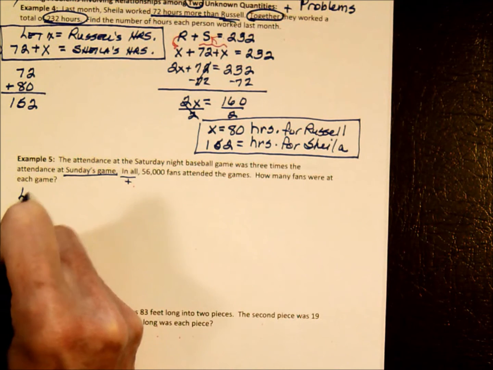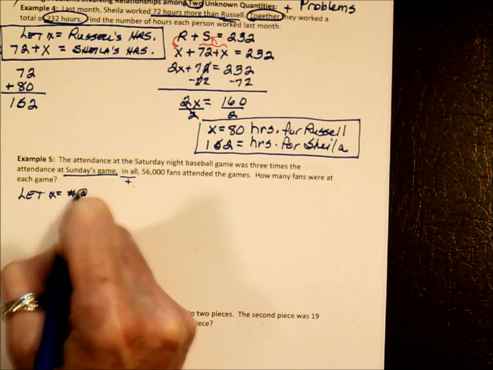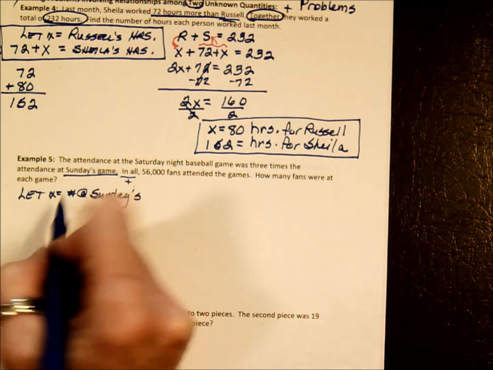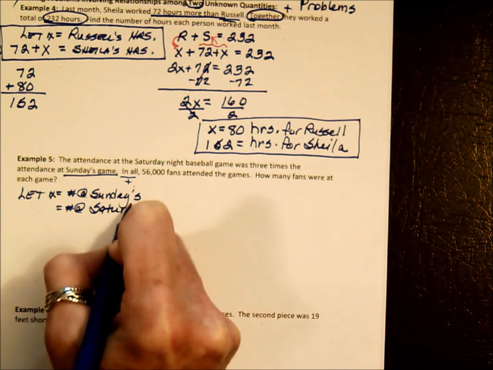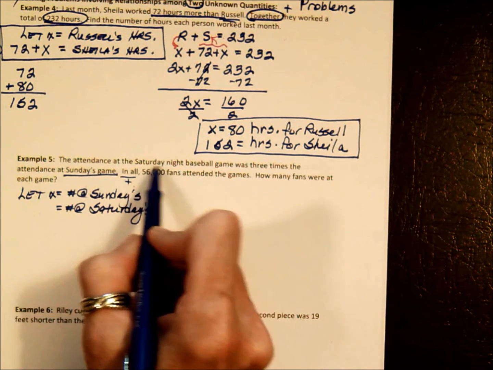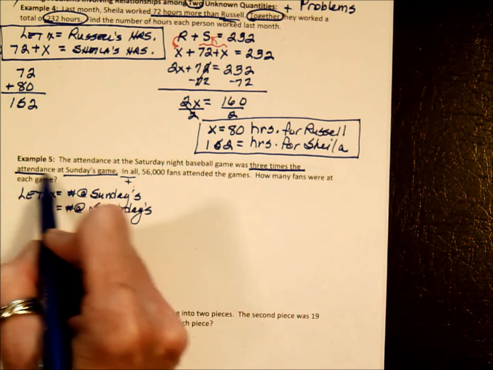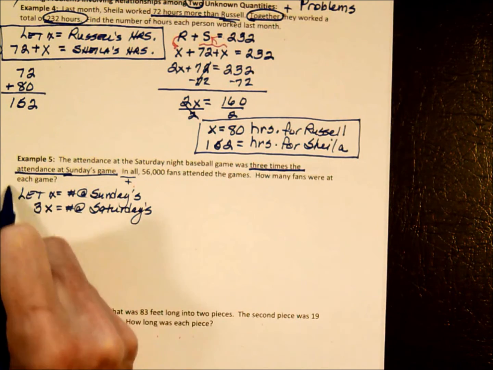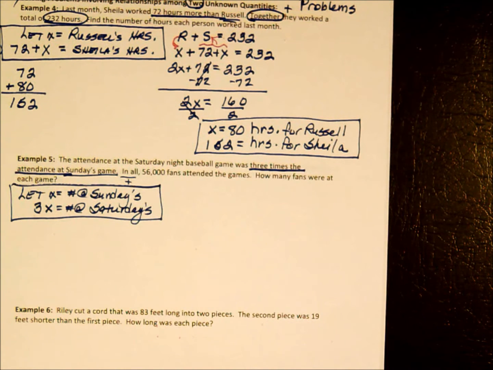So we're going to say let X equal the number at Sunday's game, which means that the number at Saturday's game comes from the words of the problem. The attendance at Saturday night was 3 times the attendance of Sunday. So 3 times X. There are my two let statements.